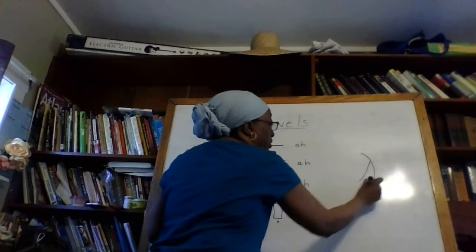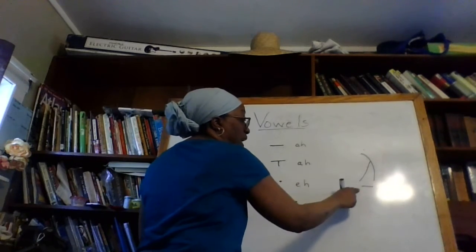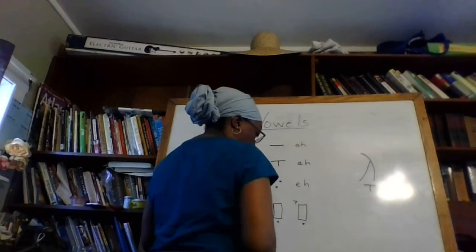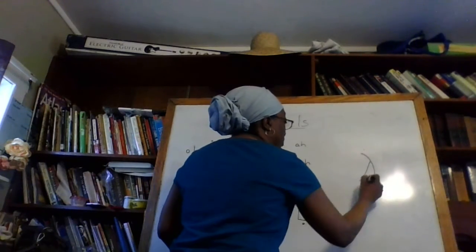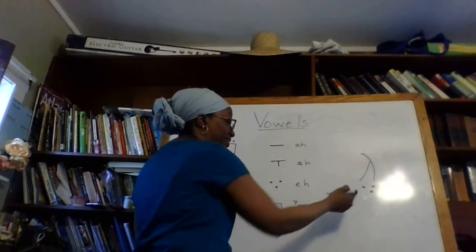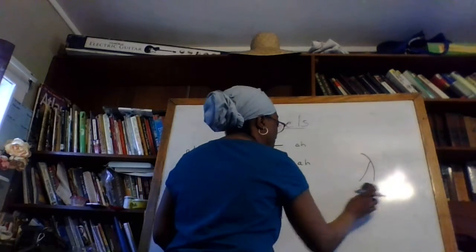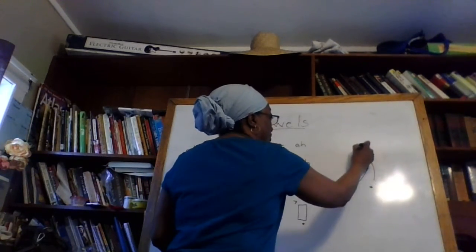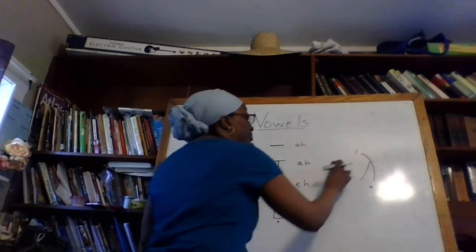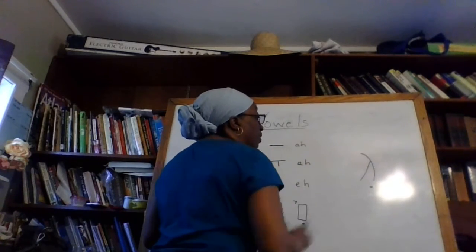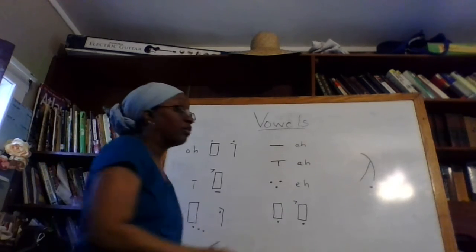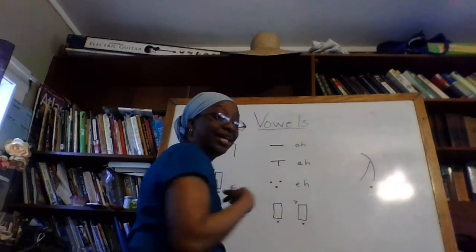Let's put the A under it. G, A, Ga. G, E, Ge. G, E, Gi.